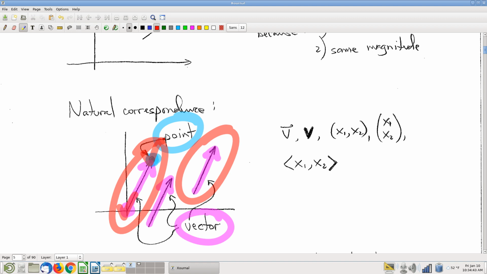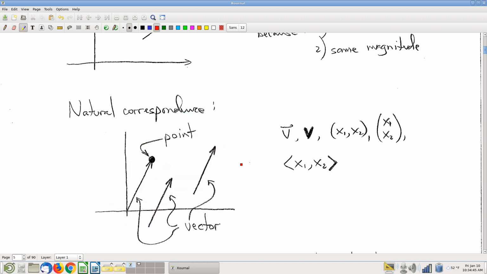Okay. With that in mind, we tend to, I say we, lots of people, myself included, when you're doing business in R^n, we kind of blur the distinction between points and vectors. I emphasize they are not the same thing. They're clearly not, right? Points have locations. Vectors don't. Vectors have directions and magnitudes. Points don't. These are not the same thing.